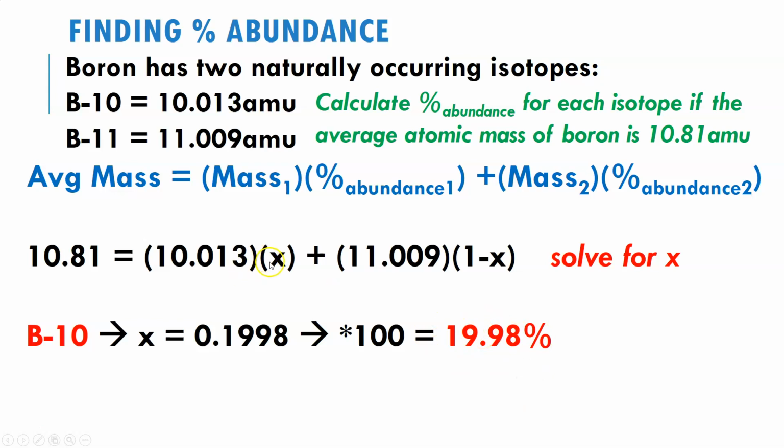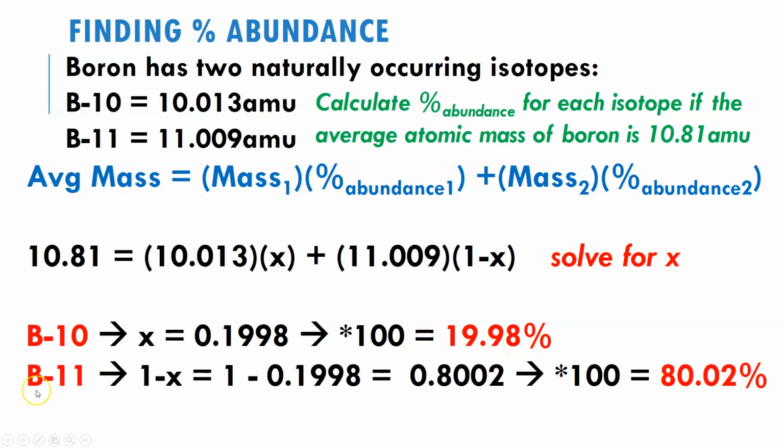X was abundance 1. I solved for X and found out what that abundance was. That's how common it is. Now, to get boron 11's abundance, I'm going to do the 1 minus X. That gets me my new percentage.